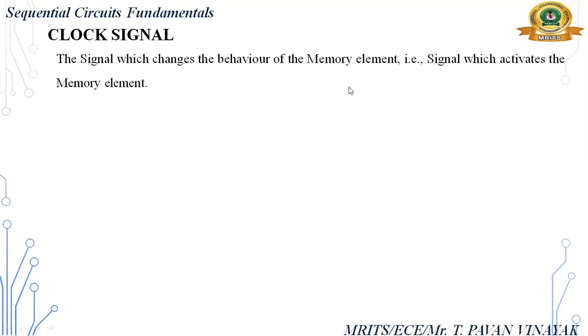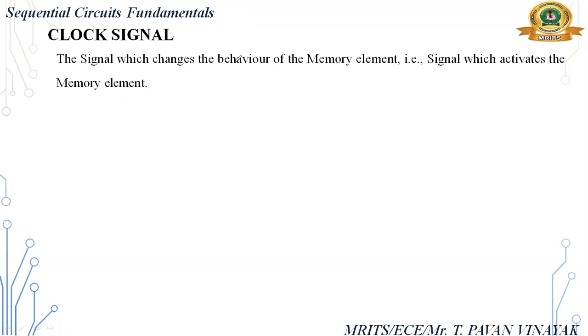The transfer of data from the memory element to the combinational circuit is based on the clock signal only. Whenever the clock signal is activated, the state in the memory element gets transferred. Until then, the memory element will store that data only.